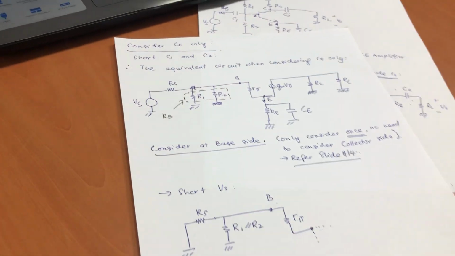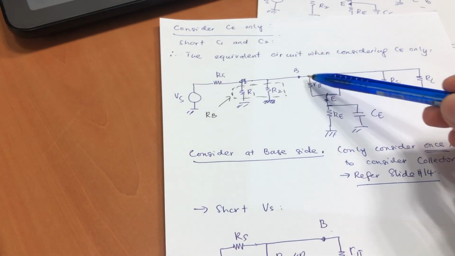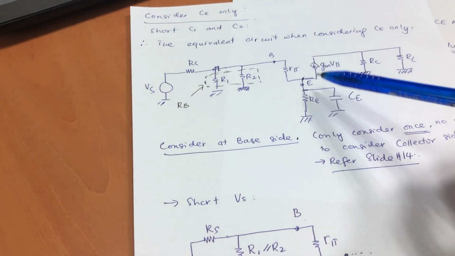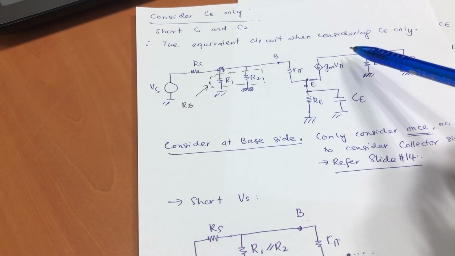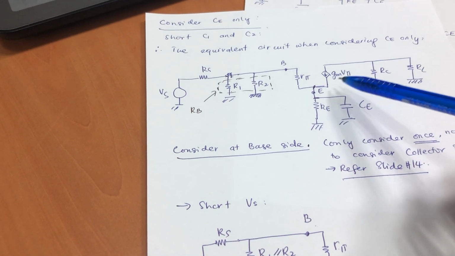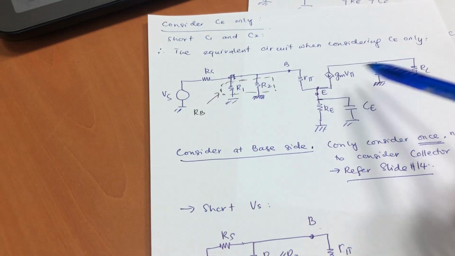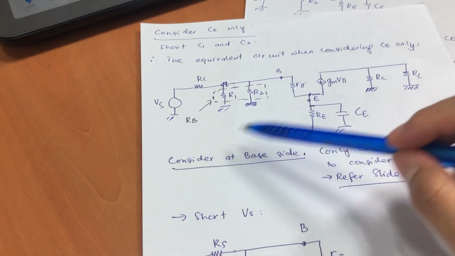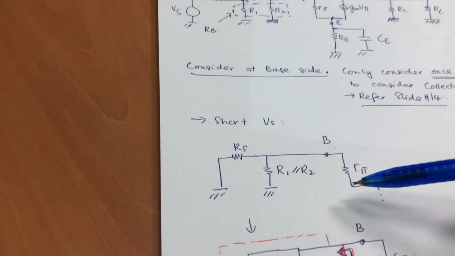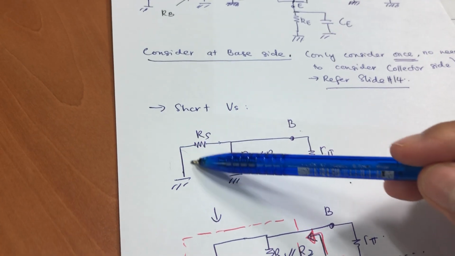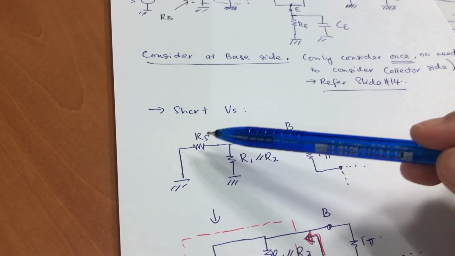In order for us to do that, we have to simplify the circuit first. This one we don't need because we only consider once, since here to the ground and here to the ground is the same. Now when VS is already shorted, what happens to RS?